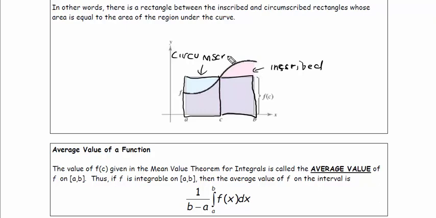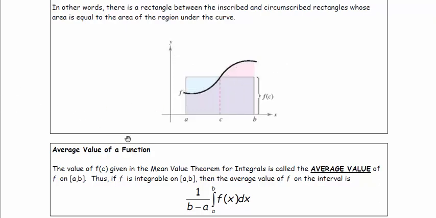I know that we've talked about them before, but please try to remember them. And then that just means that somewhere there is a rectangle where this part outside of the curve is actually exactly equal to this part under the curve. Alright, there we go.